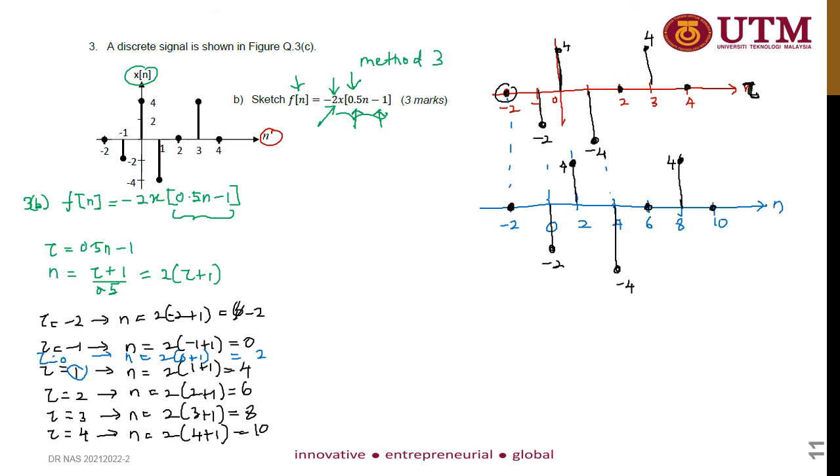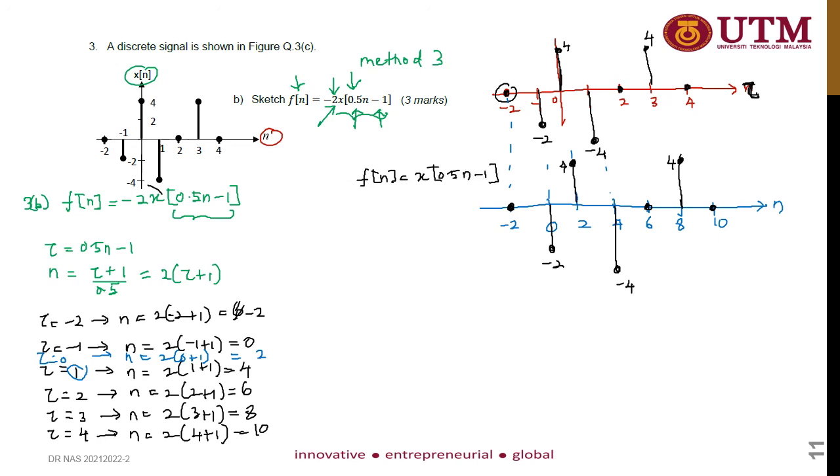Okay, so now this is the function for f(n) equal to x(0.5 n minus 1), so I should use bigger space.